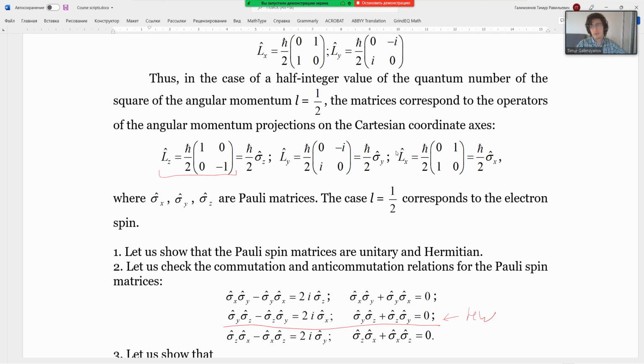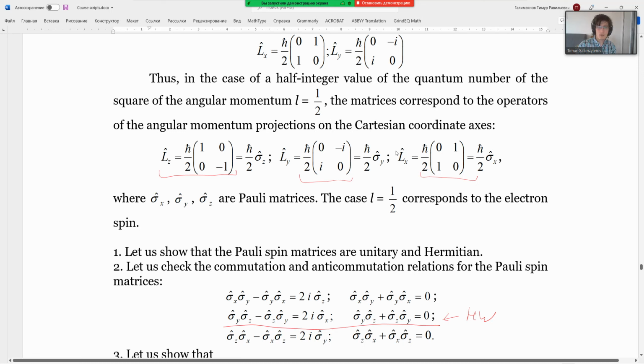The operator of the projection on the y-axis is given by this matrix, and x is this matrix. These matrices are called Pauli matrices, and are denoted as sigma z, sigma y, and sigma x.